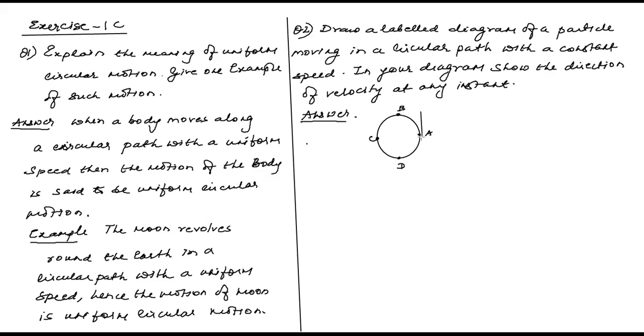At A, the direction of velocity is shown by drawing a tangent at A. At B, the direction of velocity is shown by drawing a tangent at B. At C, by drawing a tangent at C. And at D, by drawing a tangent at D. So you can see here, the direction of the velocity keeps on changing.